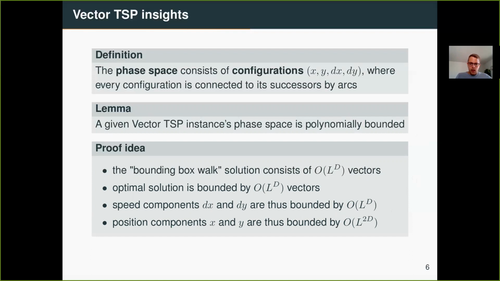In turn you can compute the position components as well, which are bounded by L to the 2D. And then if you multiply them all together, you get a phase space which is polynomially bounded by big O of L to the 6D nodes.